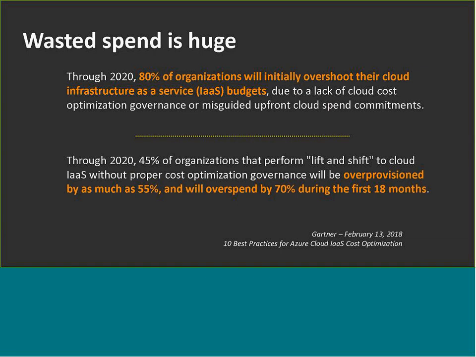This overspend will be caused by over-provisioning, something IT organizations have been doing for a long time now, but they haven't had to experience the immediate business impact that comes with purchasing cloud infrastructure using operational budgets. And the overspend is expected to be significant.